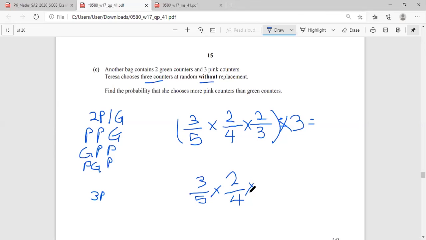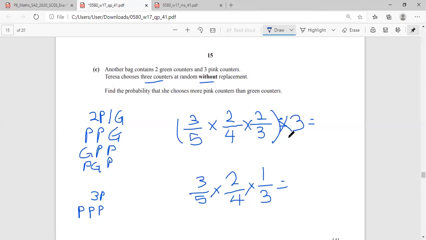And then the third time, it reduced by 1 some more, it becomes 1. It only is left with 1 pink counter, and the total number of counters in the bag has been reduced by 1 from 4 to 3. For 3 pink counters, there is only 1 sequence, pink, pink, pink. So you don't have to times anything.